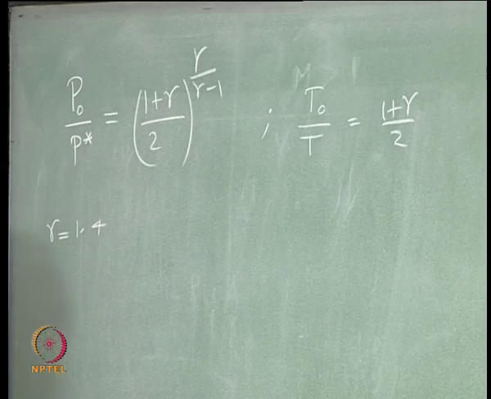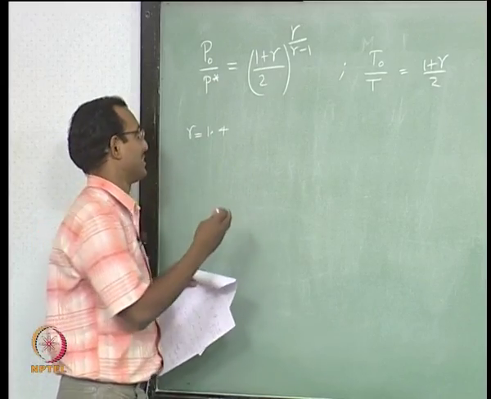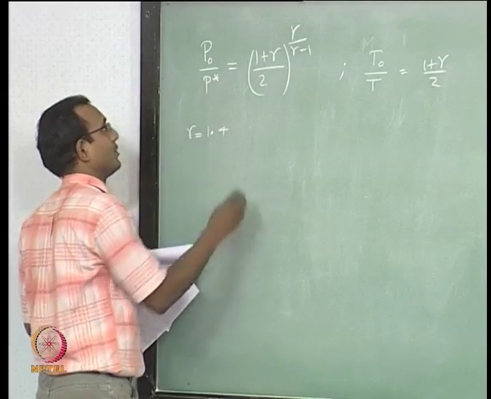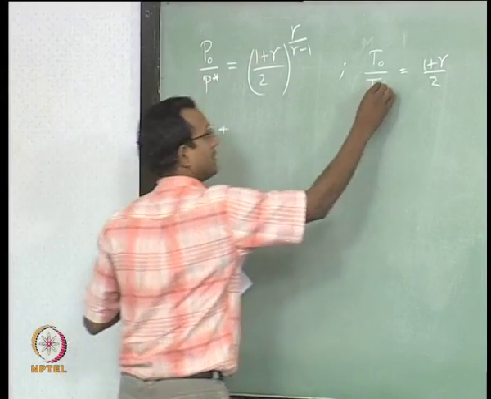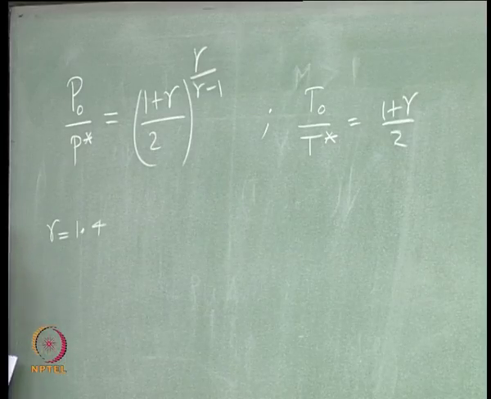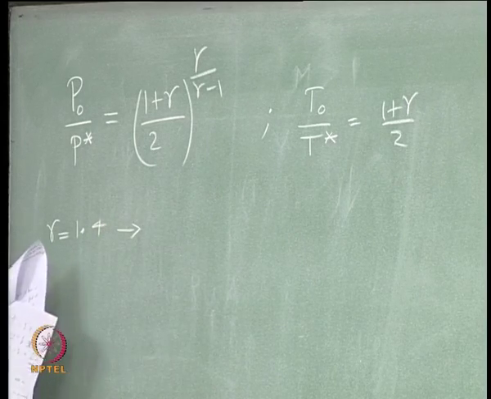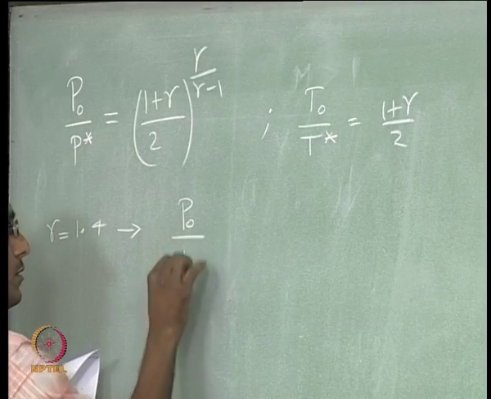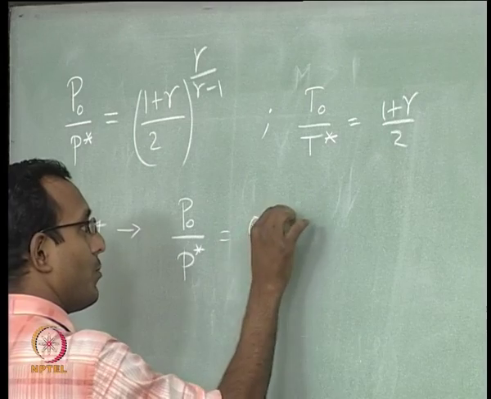Why? Most often we are dealing with flow of air, and we already said that air is gamma equal to 1.4. So, we are going to just use that. Oh sorry, T star, thank you. So, that is T star. Okay. So, for gamma equal to 1.4, P naught by P star is 0.528.